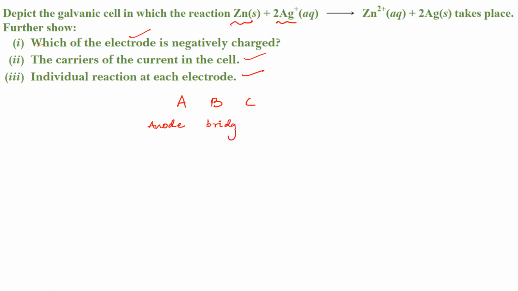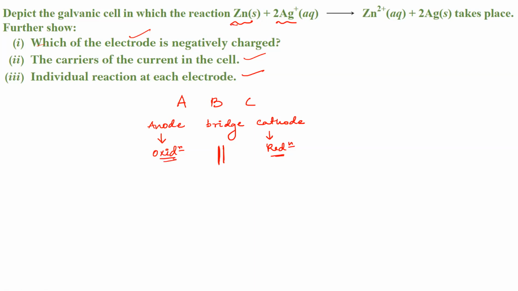And C is the cathode. In the anode, oxidation happens. The bridge is depicted like this with two parallel lines, like two pipes. And in the cathode we have reduction. So reduction happens in the cathode, oxidation happens in the anode.